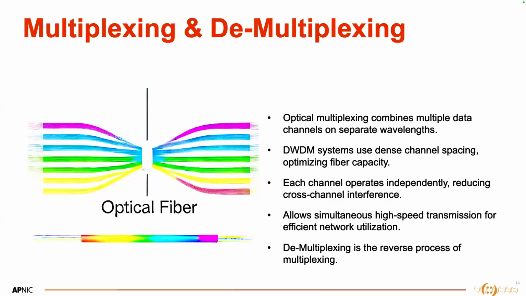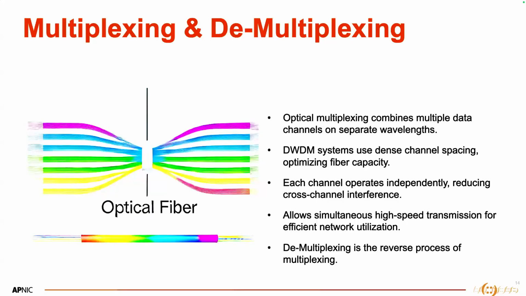In DWDM, we use wave division multiplexing. That means we are multiplexing waves and demultiplexing waves. In the source, we send multiple wavelengths, merge them with the help of a multiplexer into one single signal and send it through one optical fiber.